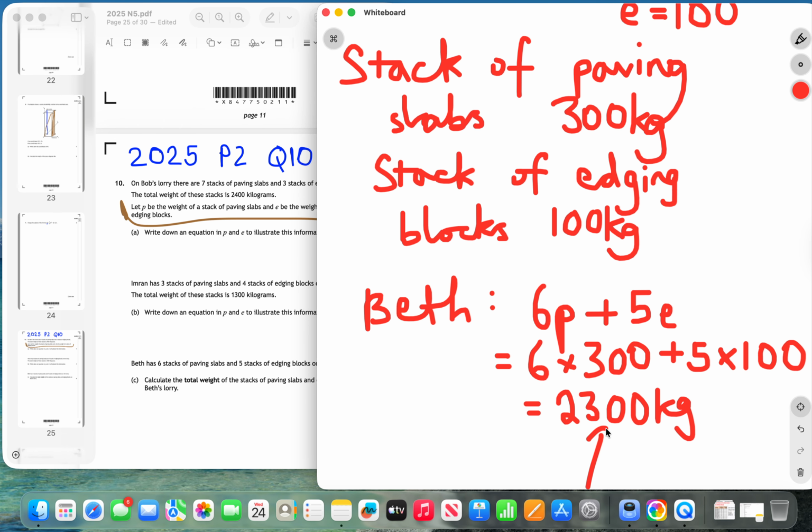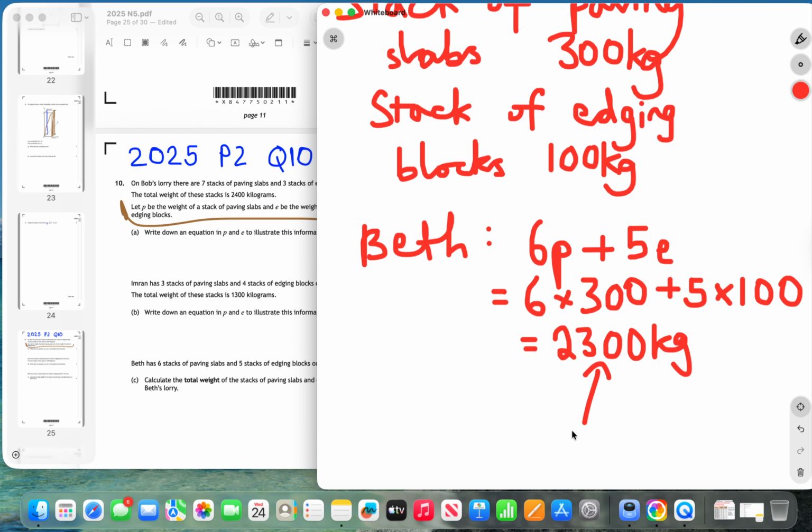And we'll just put that this, sorry, is the total weight, because that then answers the question.